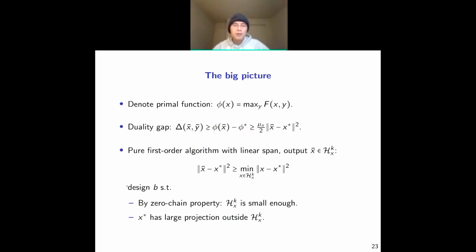So later on, we will have to design a vector b such that through some zero chain property, this subspace is very small. On the other hand, this x star, given this b, will have a large projection outside this subspace, and therefore we can say, okay, this gap will be very large at iteration k.